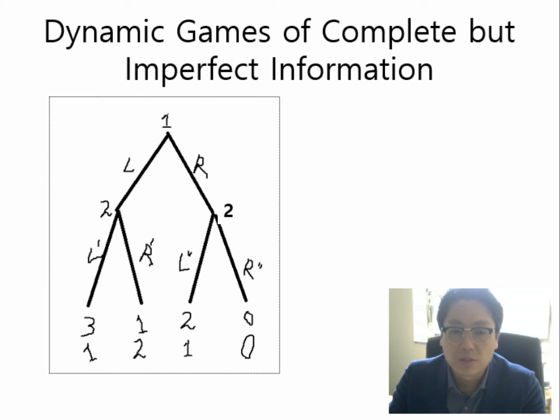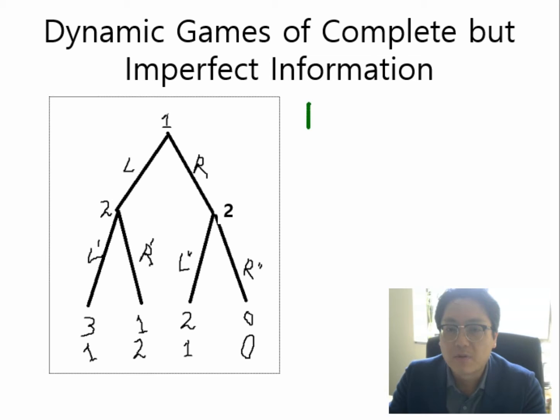The first one is the first player's payout, the second one is the second player's payout. If the first player chooses right, then the second player has a chance to choose between L double prime or R double prime. By doing so, they will get their payouts. So that's the easy part.